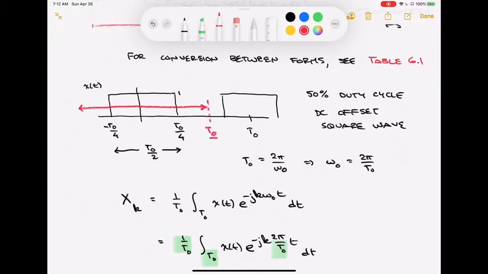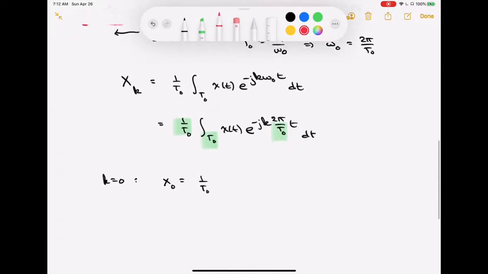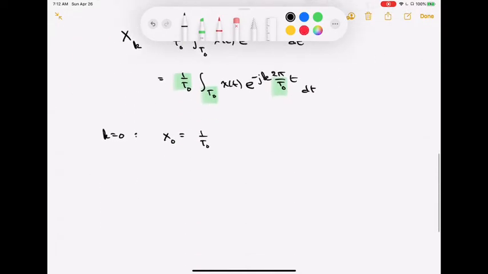So here's my T naught by 2 and minus T naught by 2. This is not the only choice, obviously, but it's a simple choice for the integration because the signal is 0 on the edges, and that means the integral limits are really going to just go from minus T naught by 4 to T naught by 4, where that function x of t is just 1. So I'm going to go ahead and do that down here as well. I'm going to return to my integral.